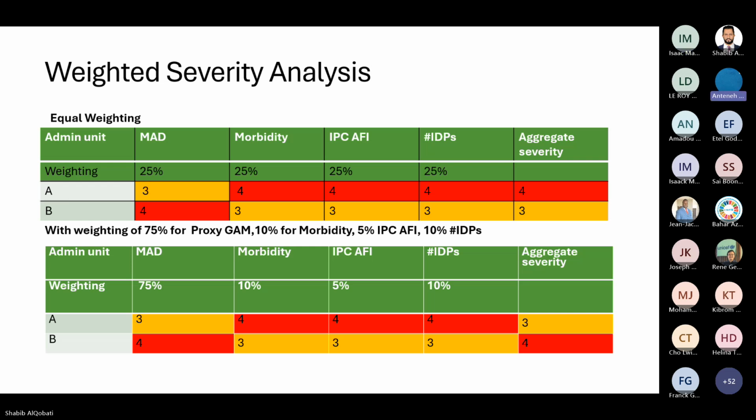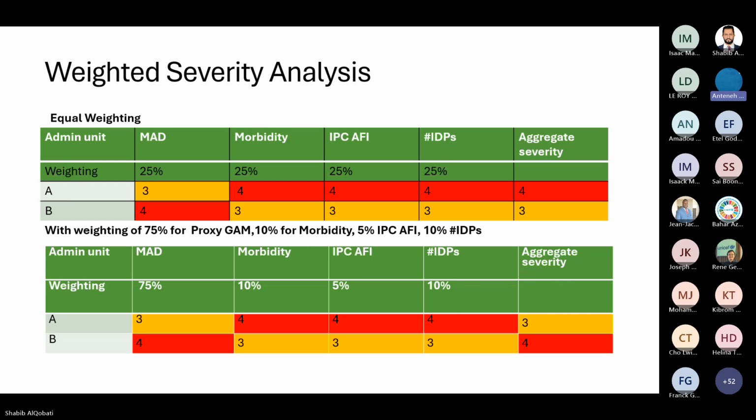So as you have responded, we apply weighted severity analysis in most cases. And so the next question is how do we apply this weighted severity analysis, because there is no standard formula plugged into our tool.